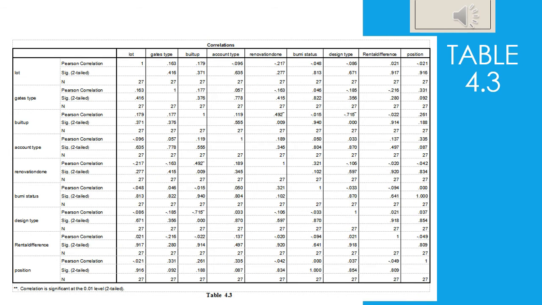In table 4.3, the intermediate, end lot and corner lot are assigned as position in SPSS. After running the data, the output is quite good compared to table 4.1 and table 4.2 before. But there is a problem, as design type and build up have a strong relationship, close to 1.